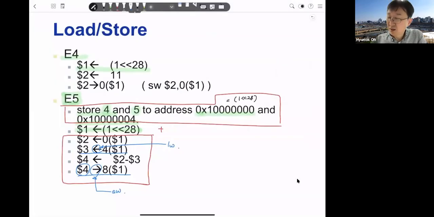So this is homework from E1, E2, E3, E4, E5.